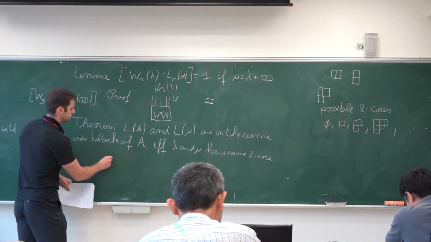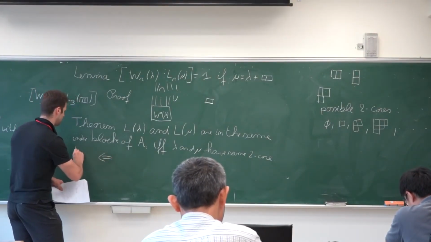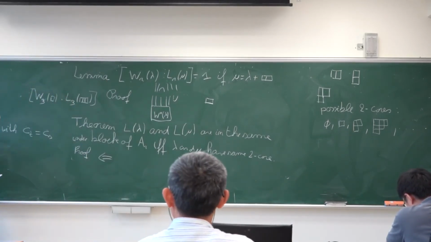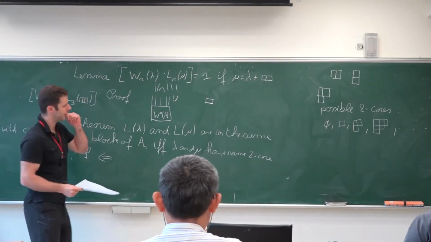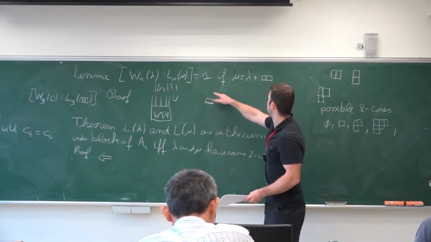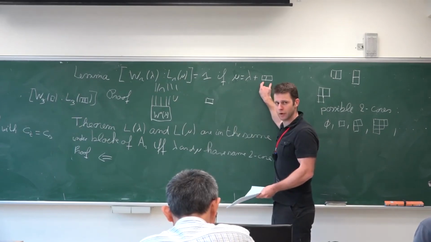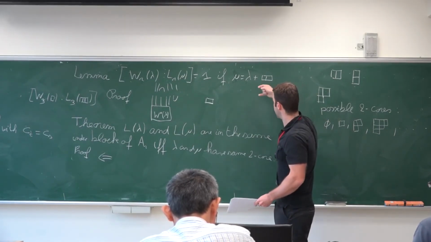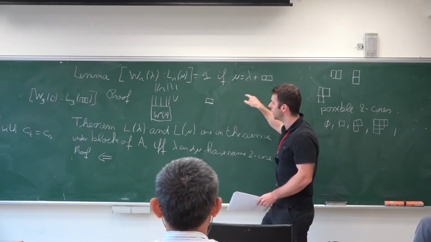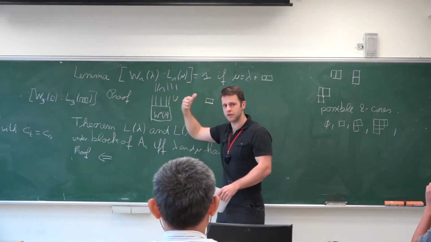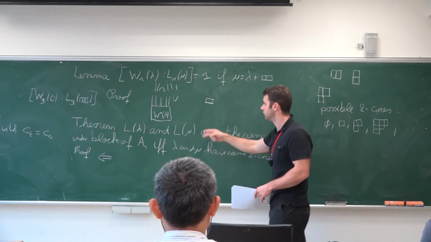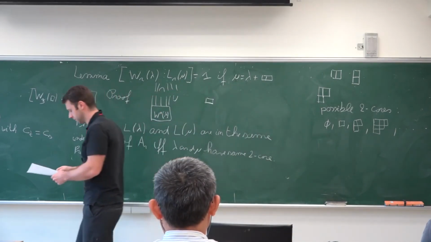One direction of the proof is basically this lemma and the BGG reciprocity, because if I add 2 boxes like that, I'm in the same block. By BGG reciprocity, if I add 2 vertical boxes, I'm also in the same block, by using the BGG reciprocity version of this statement. So one step is really easy.